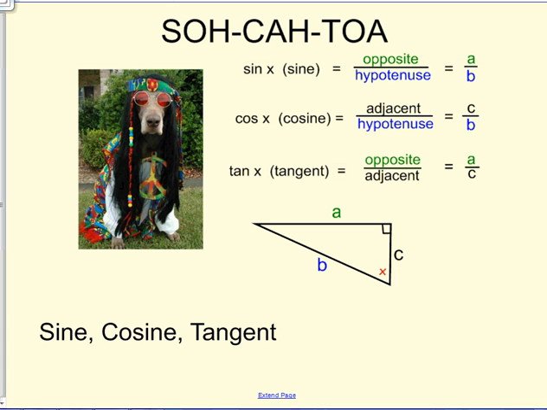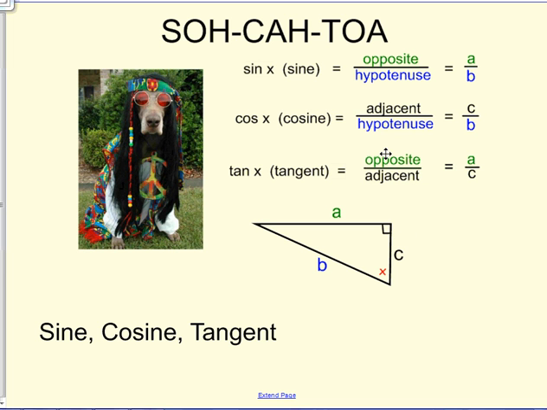What this means is sine is opposite over hypotenuse, cosine is adjacent over hypotenuse, and tangent is opposite over adjacent. They're all written out right here.